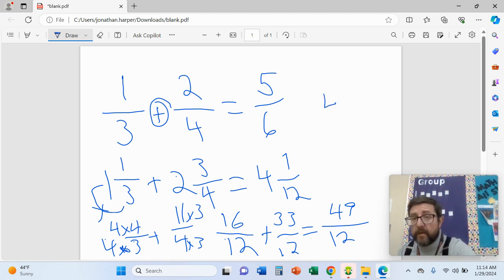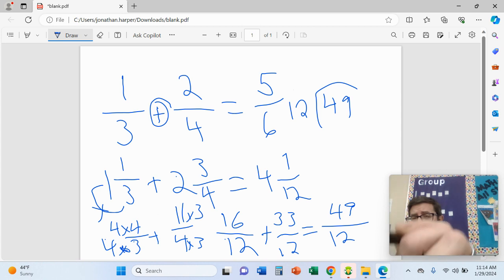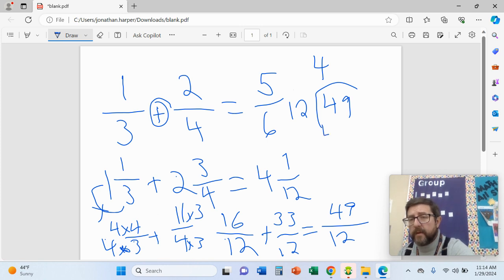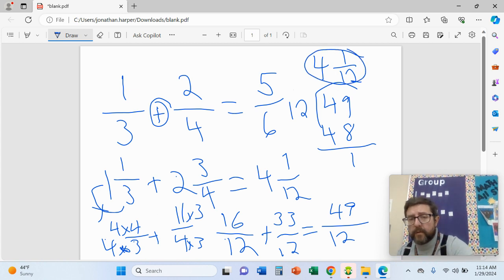We got to go 49 divided by 12. 12 will go into 49 4 times, 4 times 12 is 48. Then we have 1 left over. So our answer over here is 1/12. So 4 and 1/12, and 4 and 1/12.